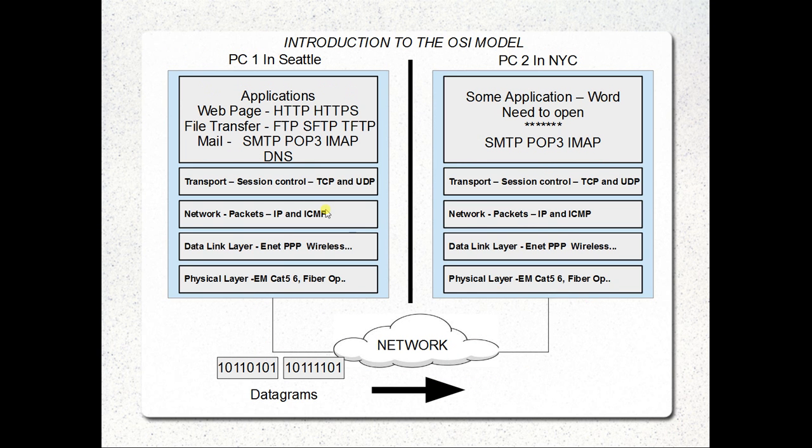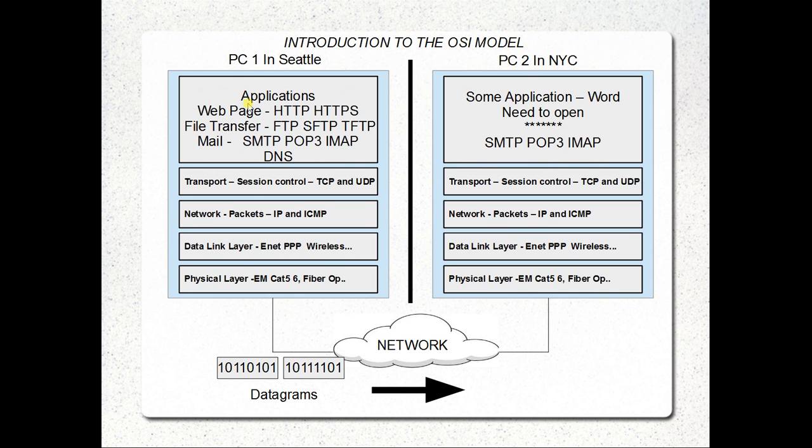Okay, so if we start looking a little more at what's on the computer, here's an application layer, here's a transport layer, a network layer, a data link layer, and a physical layer. Well, the physical layer is not really in the computer, but you get the idea. Over here is the same thing.